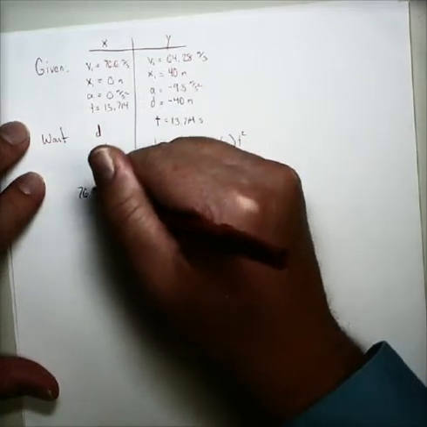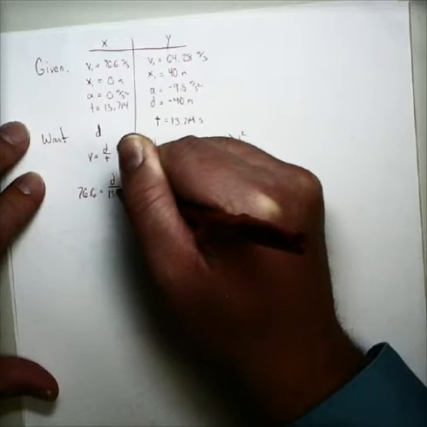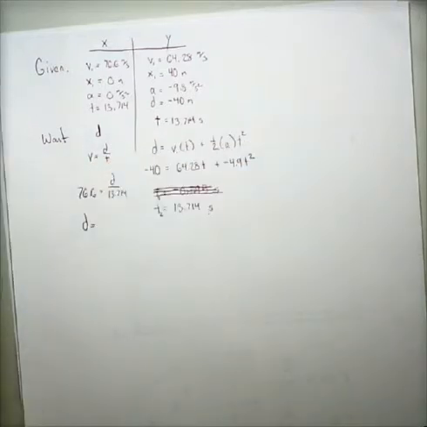So I can say that 76.6 is equal to the displacement over 13.714, and my displacement, how far this will travel, will simply be 76.6 times 13.714. And of course, I typed that in incorrectly into my calculator, and I'm forced to do it again.